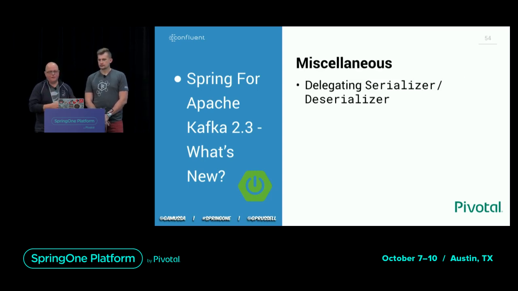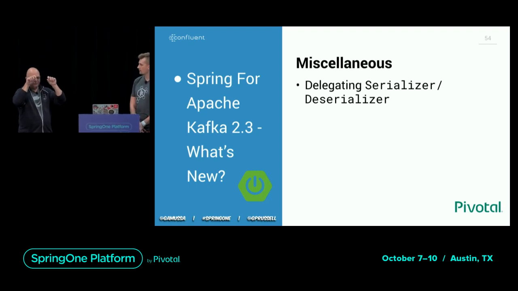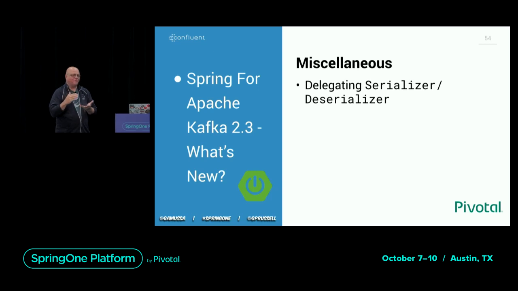And then finally, we have a delegating serializer, deserializer. One of the limits, you've probably seen, is the KV nightmare. Right? Yeah. If you want a Kafka template, one to send integers and one to send strings, then you basically have to configure two consumers, two producers. Yep.